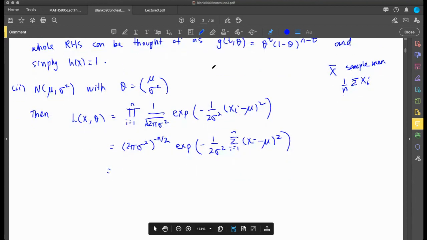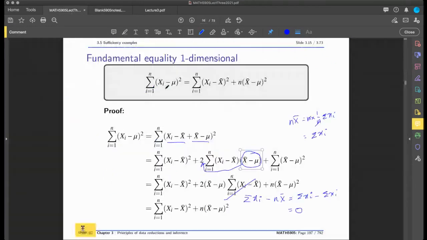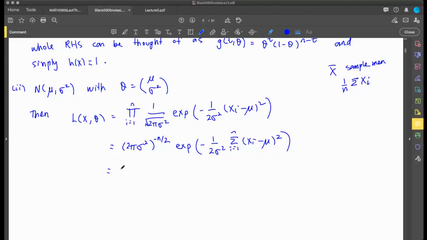All right, now I'm going to apply the fundamental equality, because this expression here is exactly the left-hand side. And so I'm going to replace it with these two expressions. So I have (2 pi sigma squared) to the minus n over 2, the exponential of minus 1 over 2 sigma squared, and now apply the fundamental equality to this expression.